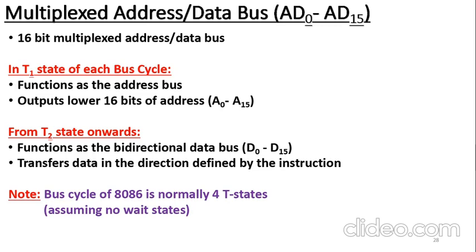But otherwise, if the devices are fast enough and capable of carrying out the bus cycle operation within 4 T states, then there is no wait state between T3 and T4. Hence, the bus cycle will be T1, T2, T3 and T4 only.